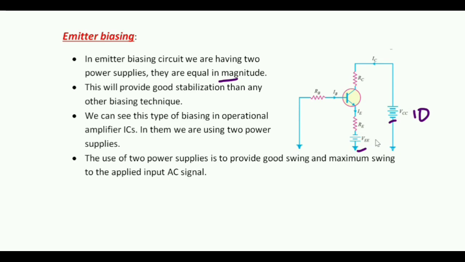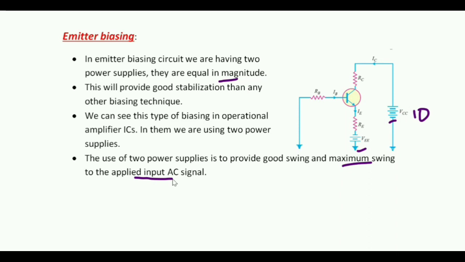We use these two power supplies because they provide maximum swing to the applied input AC signal and the output. We apply some AC signal at the input, and with the gain it is 10 volts peak.